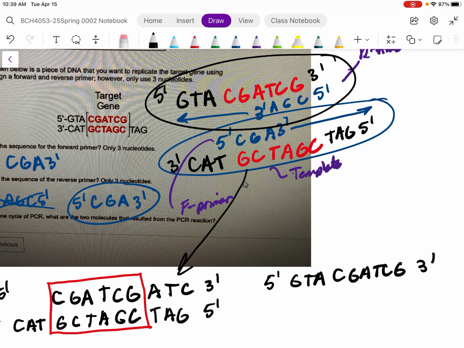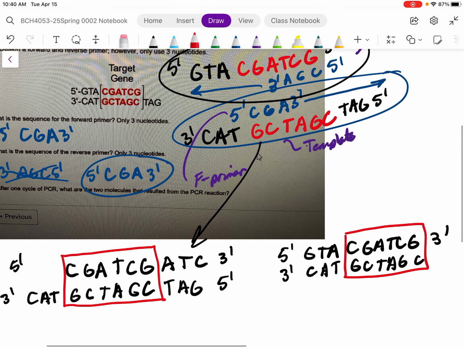And then we have our CGATCG, TAC, 3' right there. And now, where's our gene of interest? Right there.